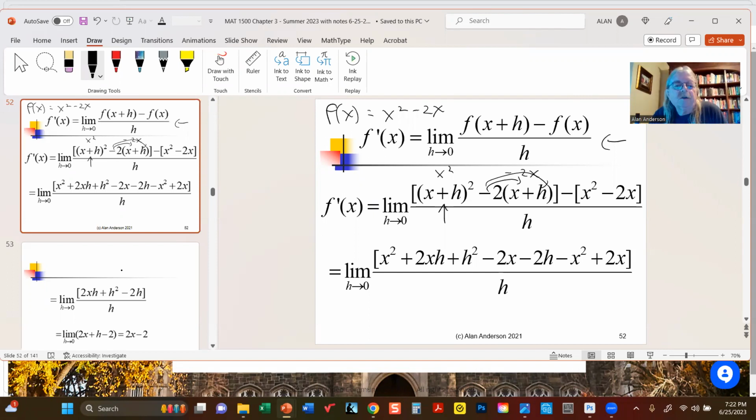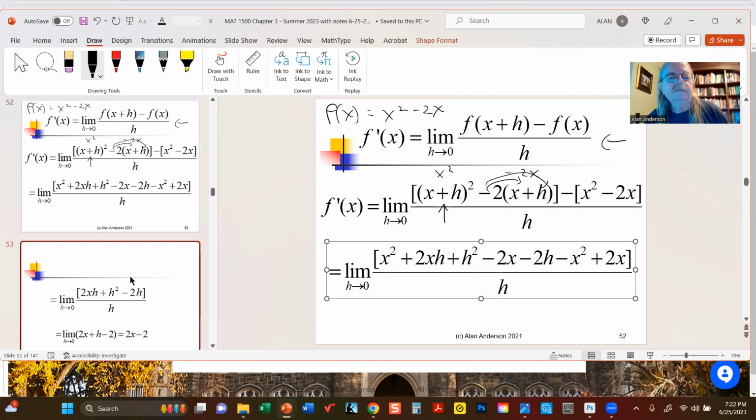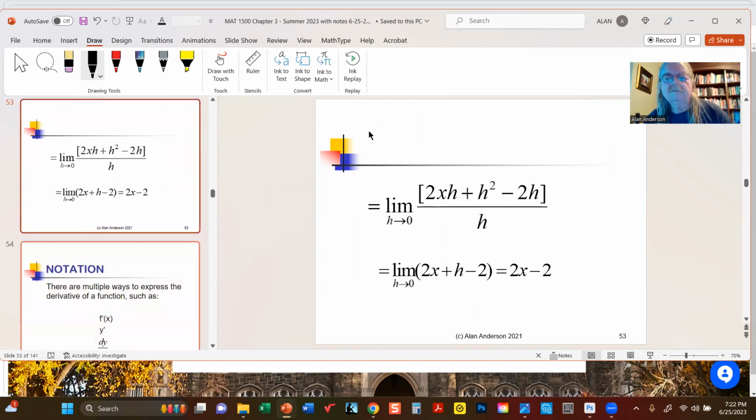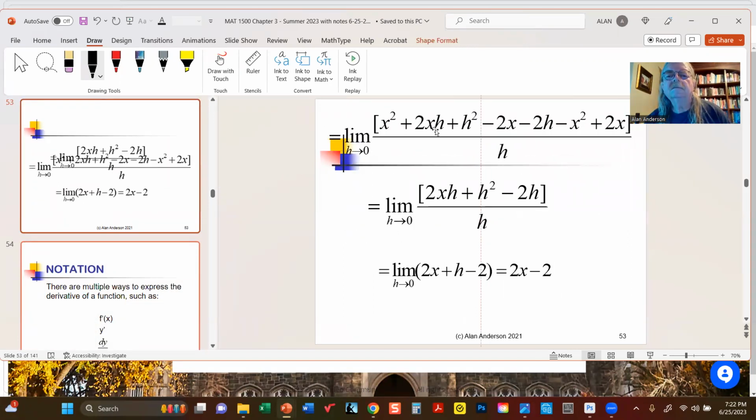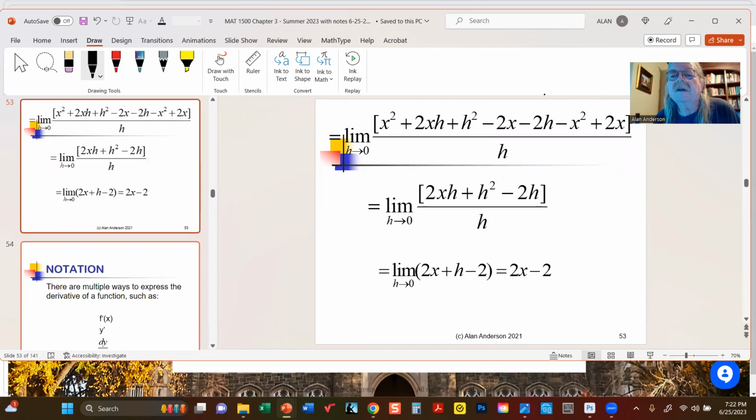Now, luckily, some of those terms do cancel each other out. Otherwise, we really have a mess on our hands. So which ones drop out? Let's see, we got rid of these two. These two. So we're just left with 2xh plus h squared minus 2h. But remember, now we have this h in the denominator, so we have a lot of canceling here.